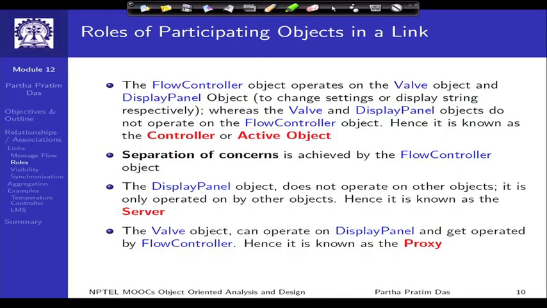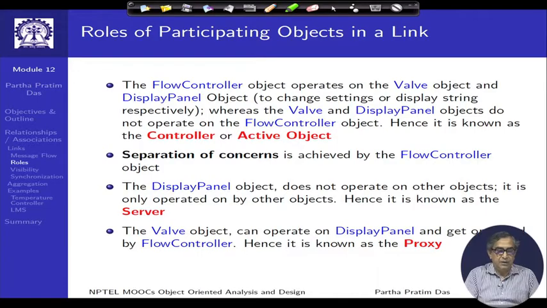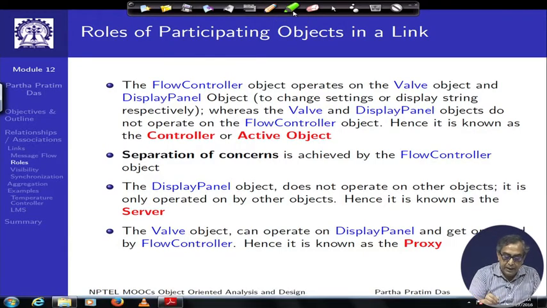They control the system, they drive the system. We will see more specifically what the definition of active objects is, but what characterizes the flow controller in this case is the fact that other objects do not operate on it, but the flow controller operates on the valve and the display panel.